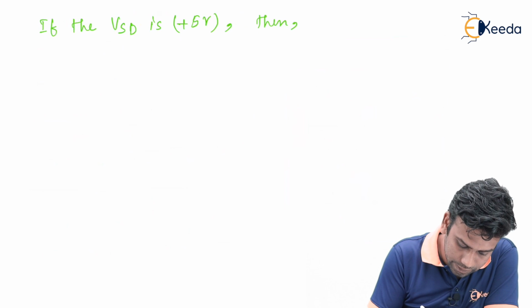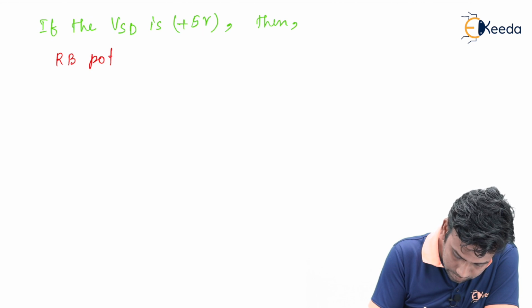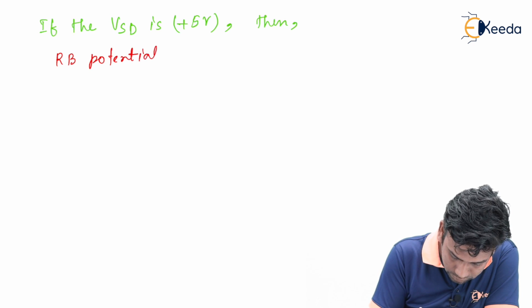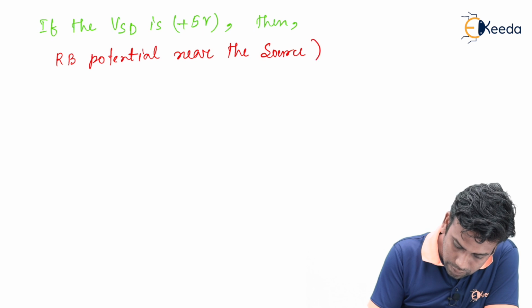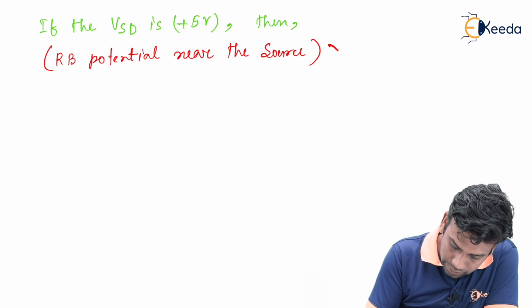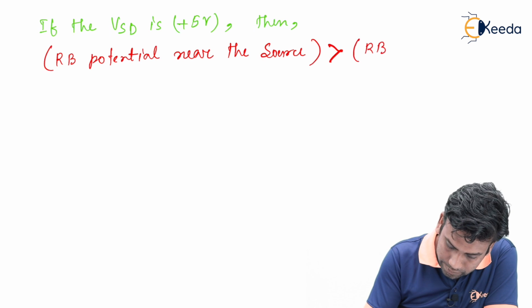So we can write: the reverse bias potential near the source terminal will be greater than the reverse bias near the drain terminal.